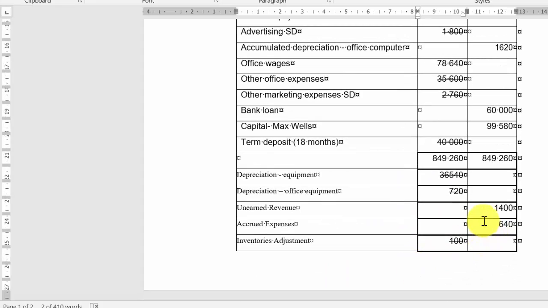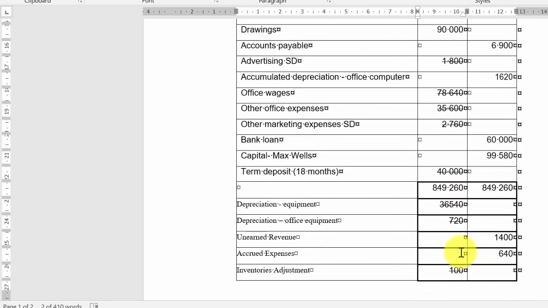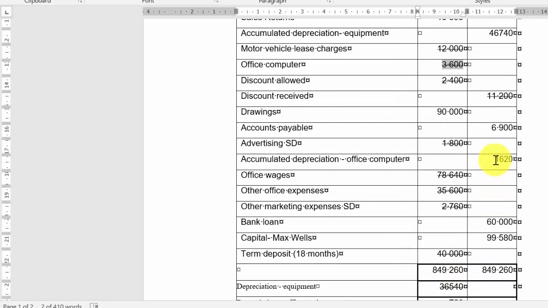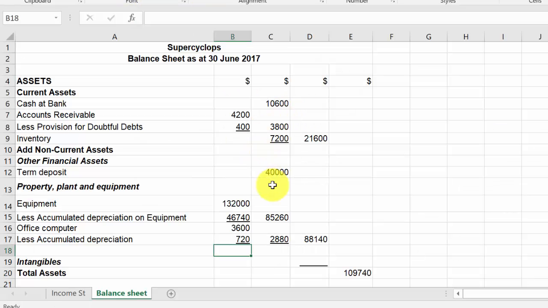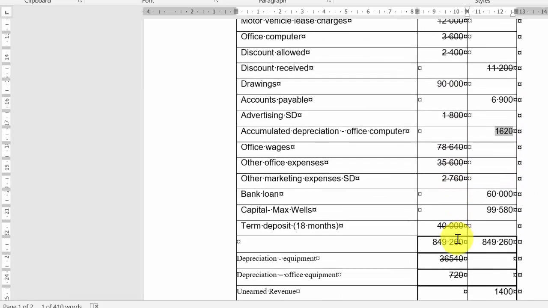So let me just cross those off. I beg your pardon. The depreciation was $720, but the total is $1620. So I've made a mistake there. I'm only human after all. So let me adjust that though. And you can see how I have worked that out, because I'm using my ticks religiously here, just ticking off everything as I go along.